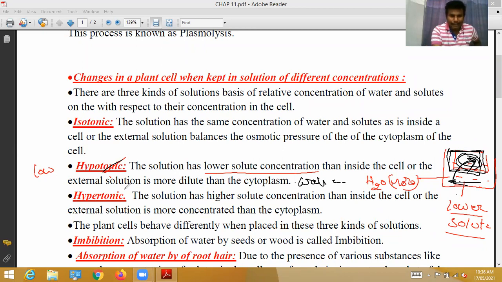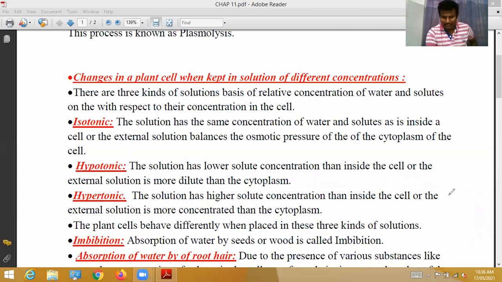Next, hypertonic. Hypertonic means higher. The solution has higher solute concentration. Solute means salts concentration.